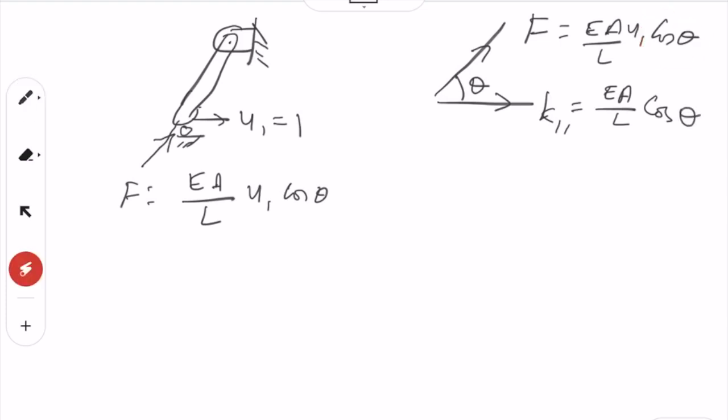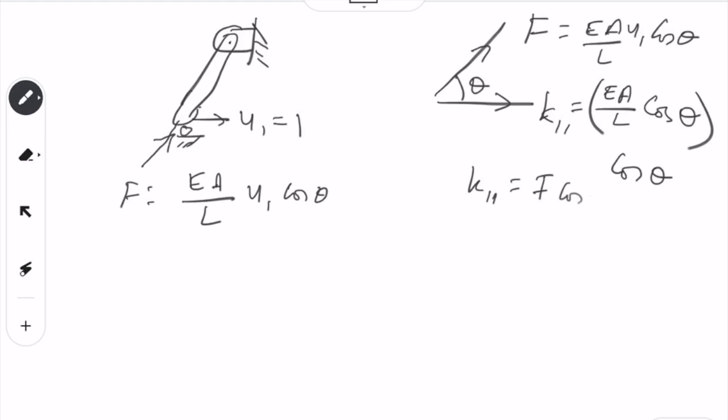But we have this F and cos theta of that, so multiplied by cos theta again. So basically what we mean, K11 equal to F cos theta, where F is equal to the whole thing which includes cos theta.